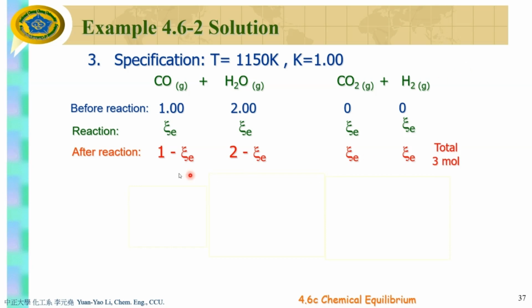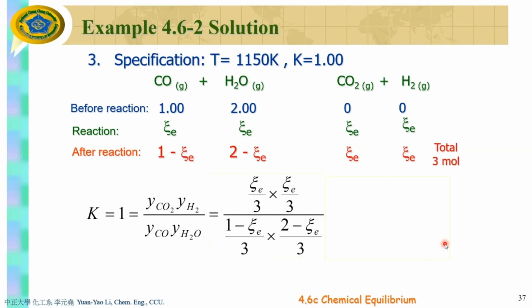So if we add these 4 numbers together, minus 1 Xe, minus 1 Xe, plus 1 Xe, plus 1 Xe, the total is 3 moles. And we all understand the equilibrium constant is equal to 1. So the question asks us, what is Xe here? We know that K equals the fraction of carbon dioxide times the fraction of hydrogen divided by the fraction of carbon monoxide and the fraction of water.